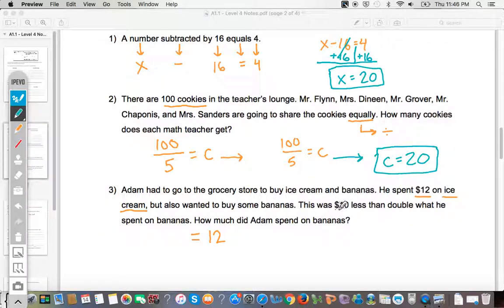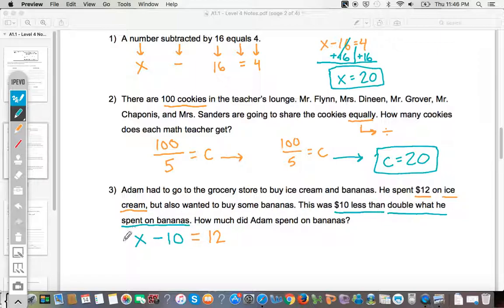So this was $10 less than. So $10 less means we have a minus 10. Double what he spent on bananas. So do we know what he spent on bananas? No, we have no idea. So let's put an X. What's happening to that X, our variable?